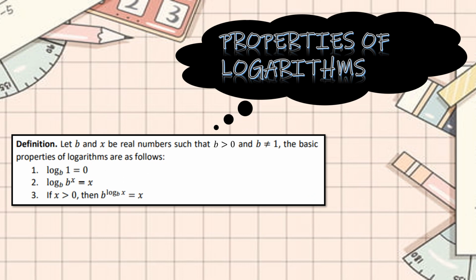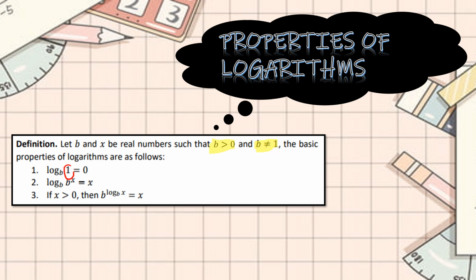Okay, so next is the properties of logarithms. So let b and x be real numbers such that b is greater than 0 but not equal to 1. So ibig sabihin, bawal ang negative base. Okay, so first property, logarithm of 1 with the base of b.